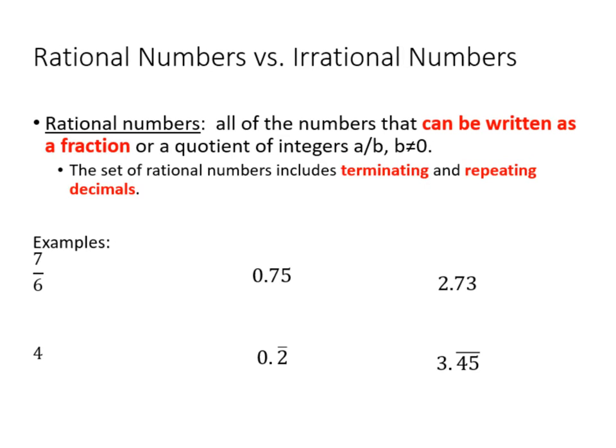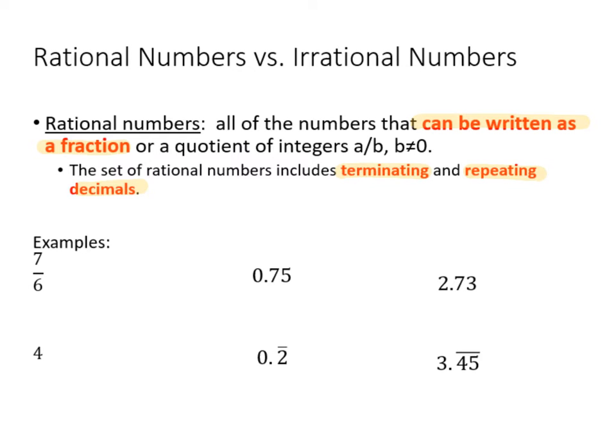In the next section, we're going to talk about rational and irrational numbers. A rational number is the set of all numbers that can be written as a fraction or a quotient of integers a divided by b such that b does not equal 0. Now, the set of rational numbers also includes any terminating and repeating decimals.